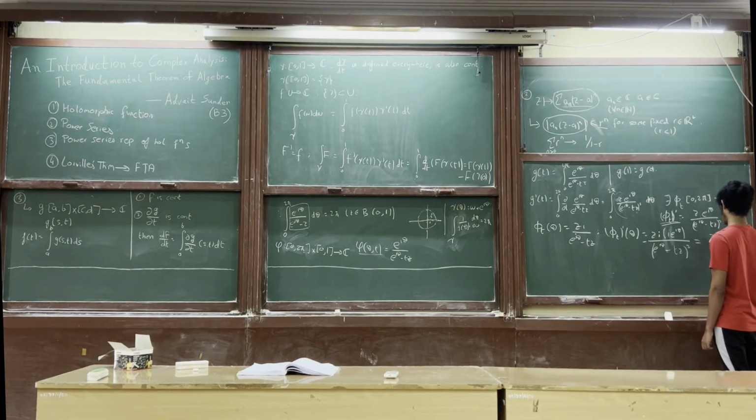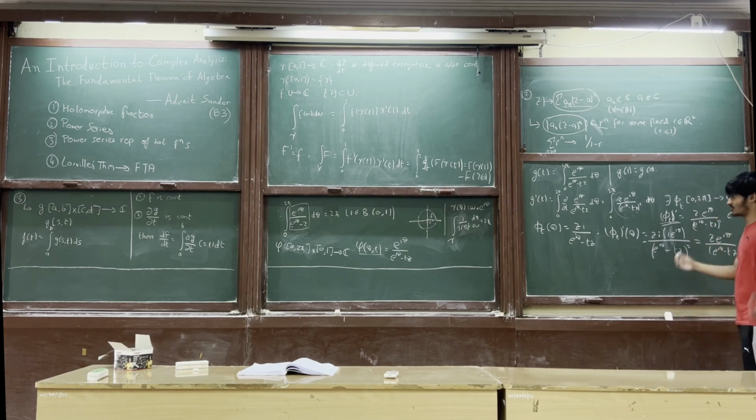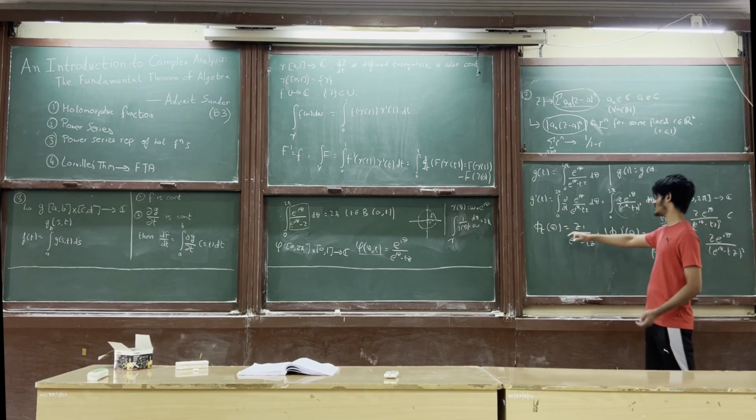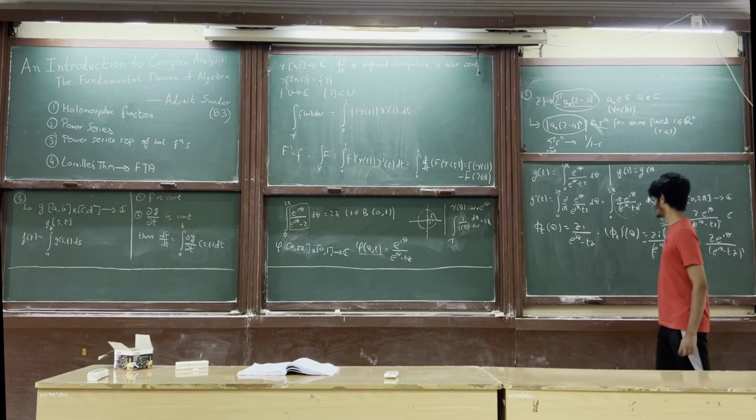And this is exactly z e power i theta upon e power i theta minus tz, whole square. So wonderful, you have found a phi t, rather, whose partial with respect to theta is exactly what we want to integrate.